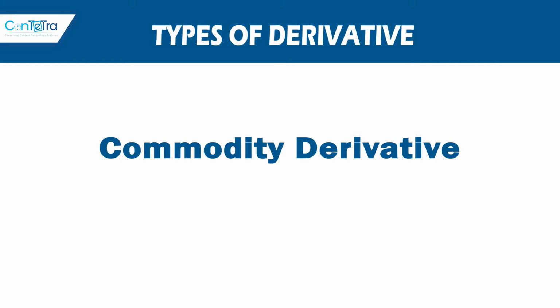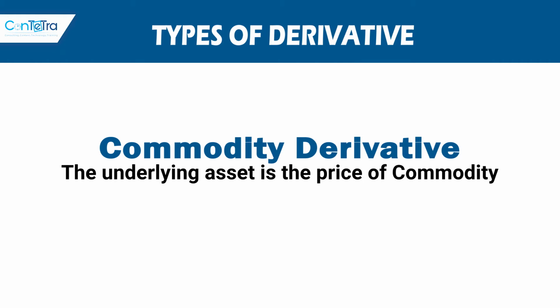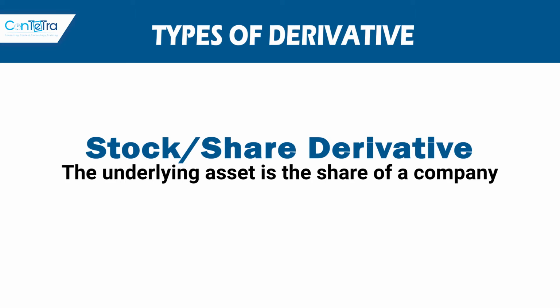Let's talk about commodity derivatives. There are derivatives on food grains, fruits, rice, wheat, mango. Again, this works in the same pattern where the underlying asset is the price of a commodity. Then we talk about stock derivatives. Here, instead of currency or commodity, the underlying asset is a share of a company.